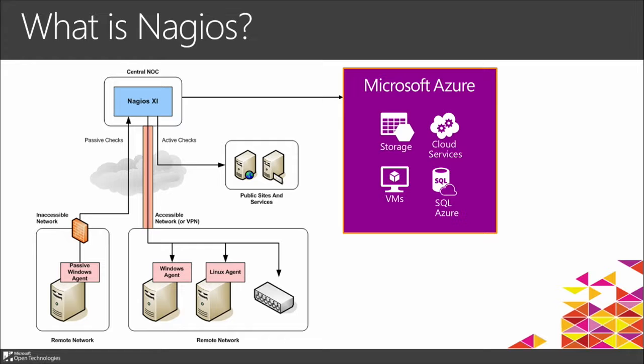So, if you're a customer and you've got existing investments in, let's say, Nagios, and you're deploying to Azure, you might want to still have a single place for all of that information for monitoring and learning from your environments. You may be having Nagios monitor all kinds of other things, even outside of Azure. And this plugin would really help you to consolidate that viewpoint.